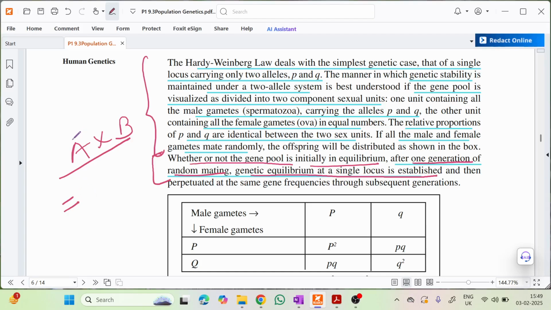in the form that if, either at a single locus or on the whole genomic scale, males are represented by A and females are represented by B, then the offspring will be AB. So this will be the first generation.